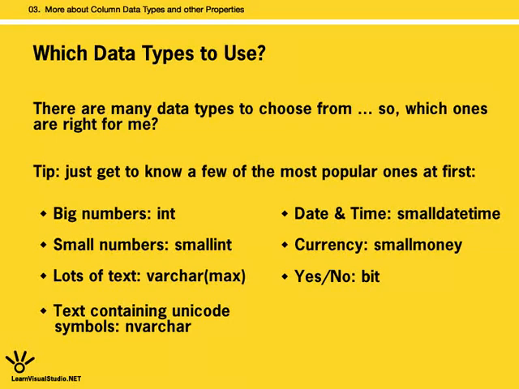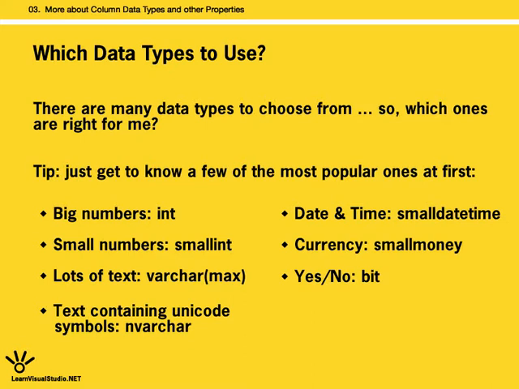Well, if we needed a lot of text, maybe like paragraphs of text, and we don't really know how much data we're really expecting there, then in some rare situations we can use varchar max, which would allow us to put just as much textual information, paragraphs and pages of data, inside of that particular field of data.